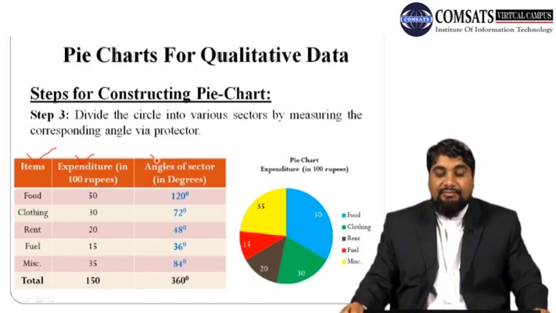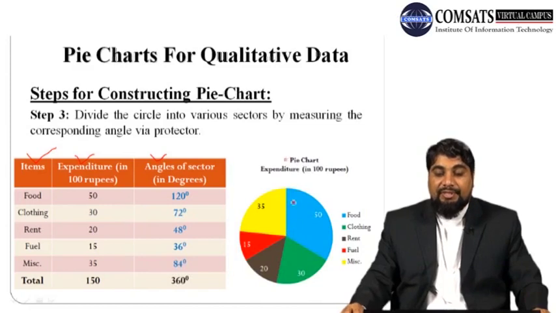And in the next column we have angles of sector in degrees, which we constructed in our step 2. So here on right hand side the pie chart is shown. So note that we have this complete circle. So this middle line, it is of 90 degree. So it shows the position of 90 degree.